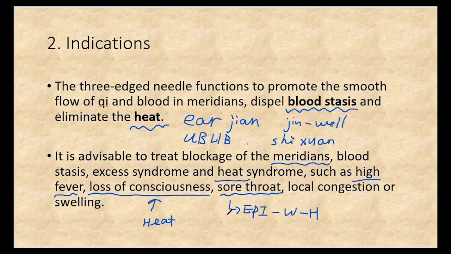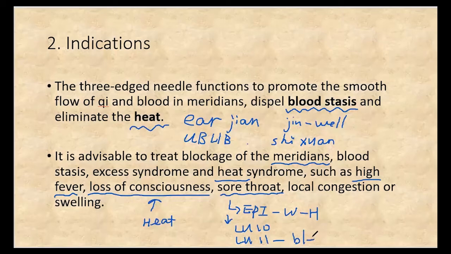So we have two pretty good points we can bleed to relieve sore throat. One is Lung 10. One is Lung 11. Certainly Lung 11 is pretty easy to bleed. Lung 10 is not that easy to bleed, but you can needle it to treat sore throat.